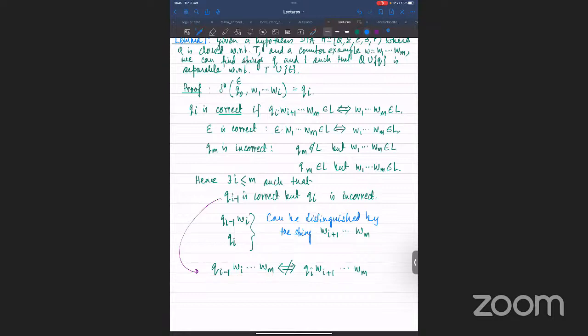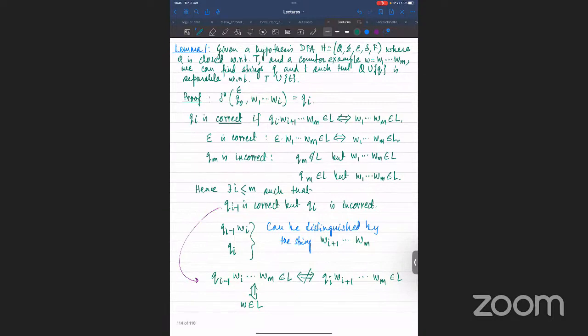So if this is correct, that is equivalent to saying w belongs to L, where w is this. If this is correct, then this is true. Whereas if the right side is incorrect, then this means w not in L, correct?